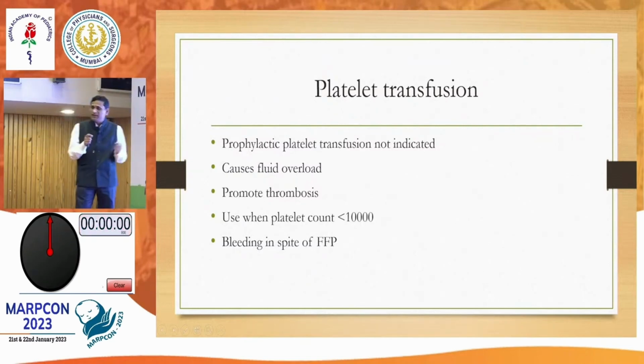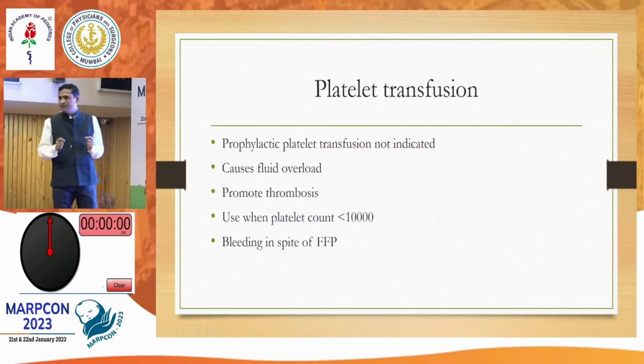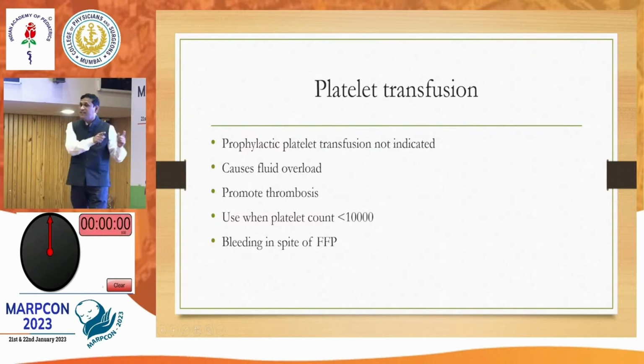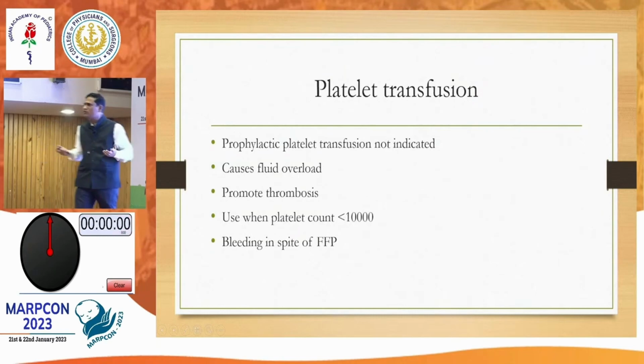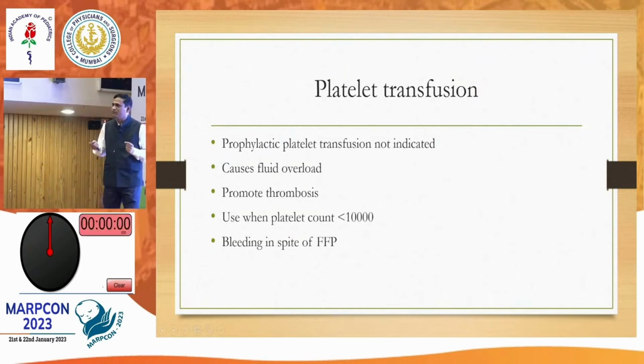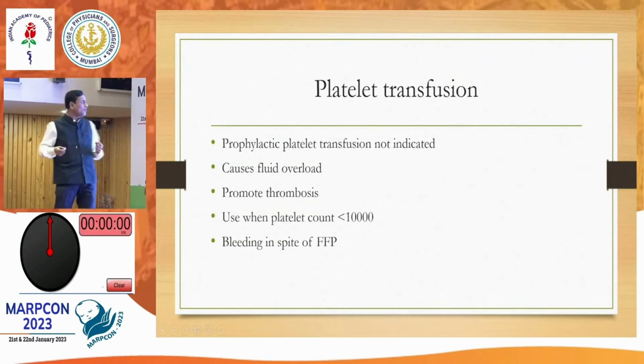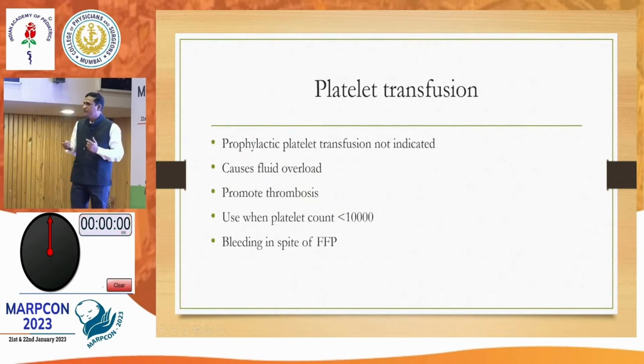And von Willebrand factor is inhibited by the ADAMTS13 enzyme. In dengue, there is deficiency of that enzyme. Von Willebrand factor circulates in the blood. If you give platelets, they attach to the platelets, which causes thrombosis. So you have to avoid platelet transfusion in dengue fever. It is indicated when there is severe thrombocytopenia, platelet count less than 10,000, or there is bleeding in spite of blood and fresh frozen plasma.